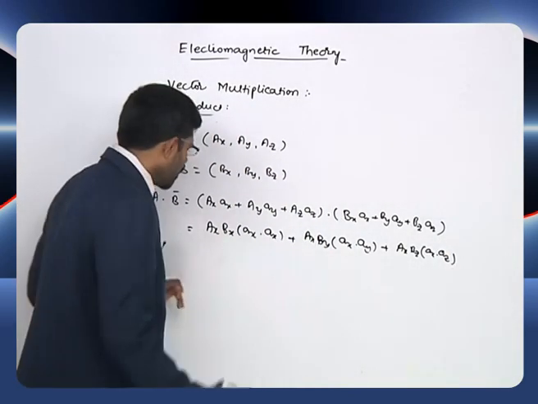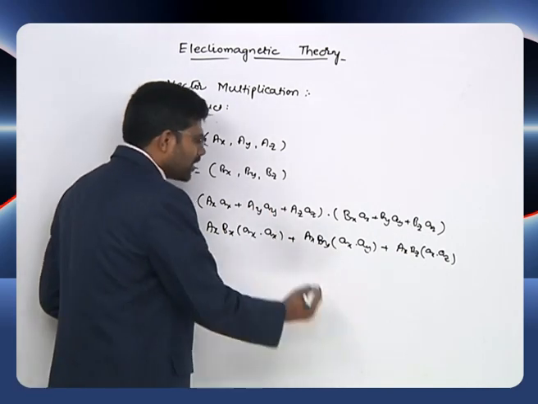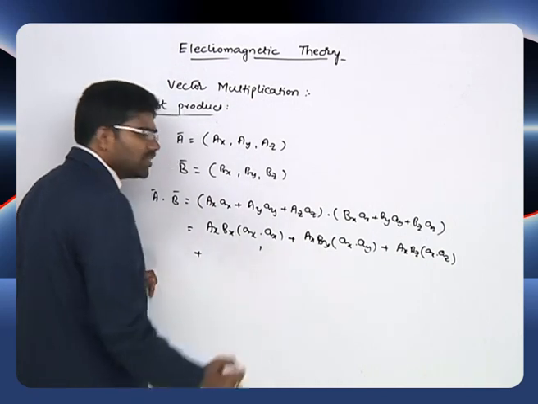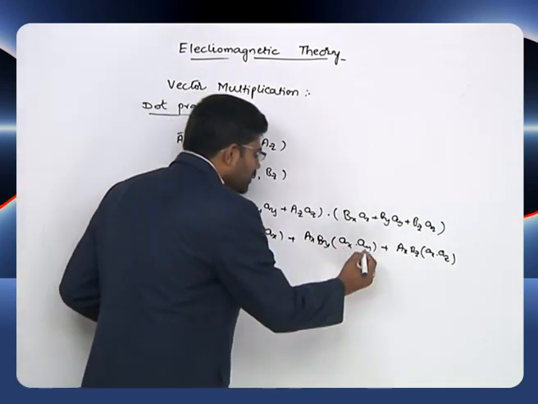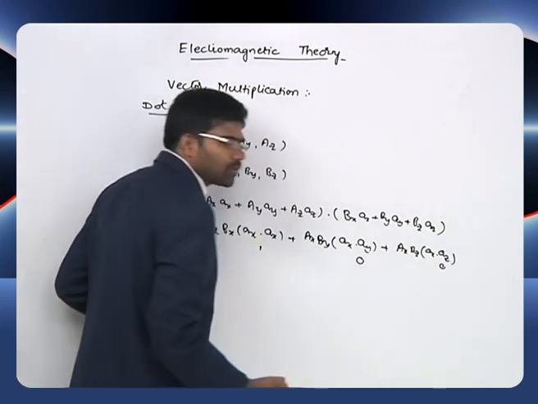I am not writing the remaining terms; first we will observe what happens to this. Ax bx, ax dot ax, obviously ax dot ax is 1, and ax dot ay, as we already learned, is 0, and ax dot az is also 0.